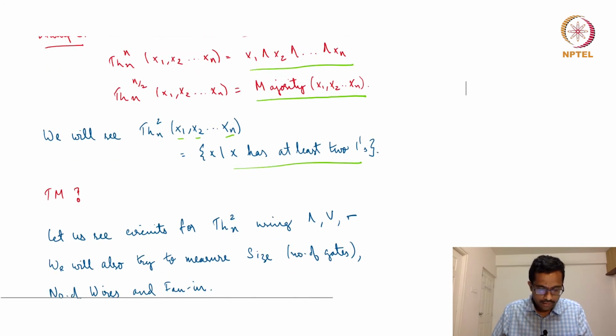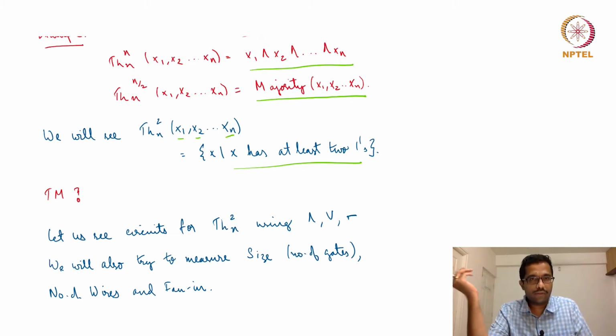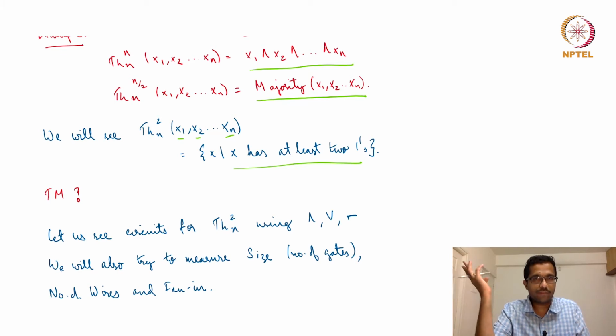Okay, and maybe you may want to ask, how would the Turing machine compute this, right? So you could just write a simple Turing machine algorithm that just scans the input from right to left and just looks for 2 ones, and once it sees 2 ones, it can just stop.